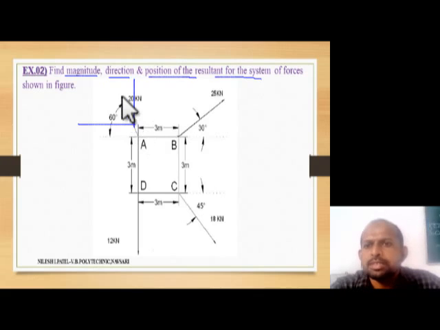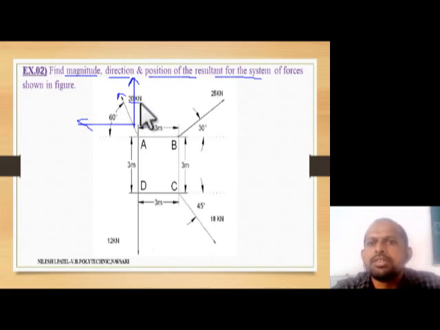If my force direction is upward, I resolve this inclined 20 kilonewton force into a vertical component and a horizontal component, and the direction depends on the direction of the inclined force.